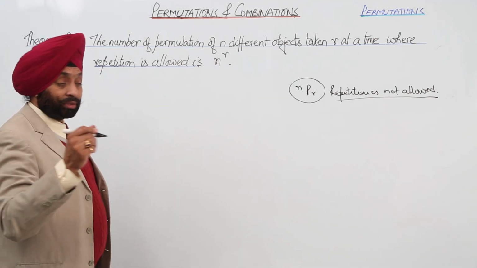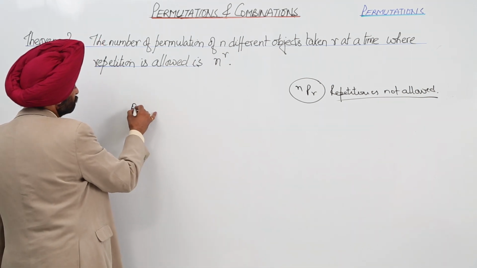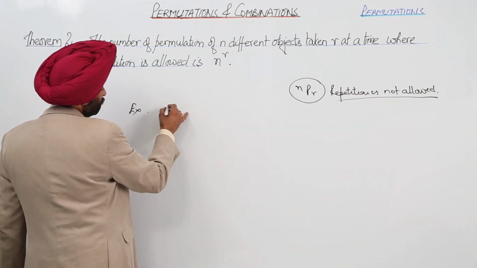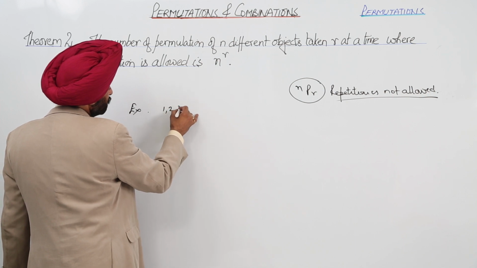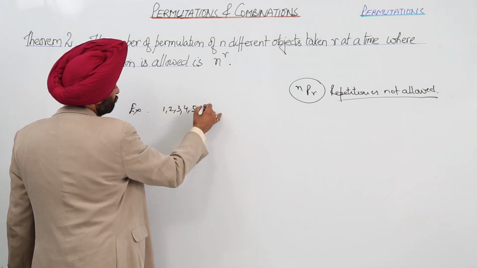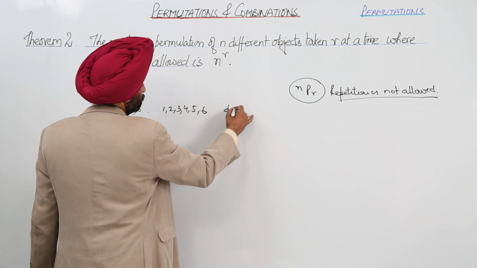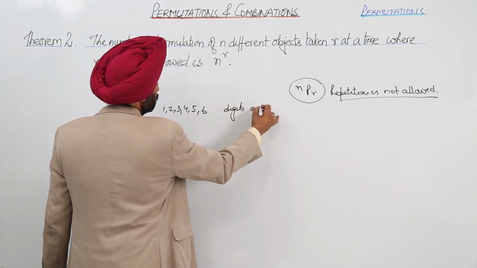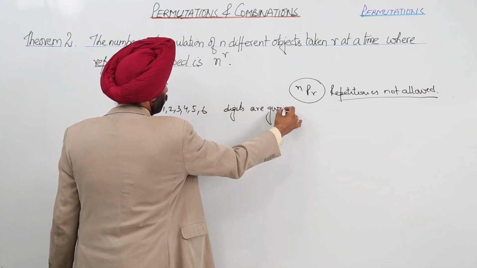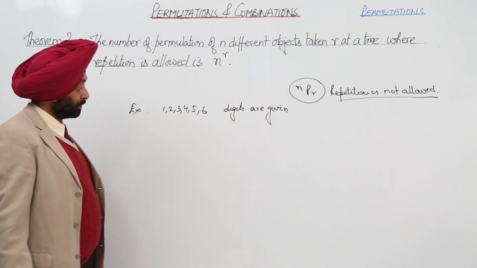Now I gave you an example. The digits 1, 2, 3, 4, 5, 6 are given.